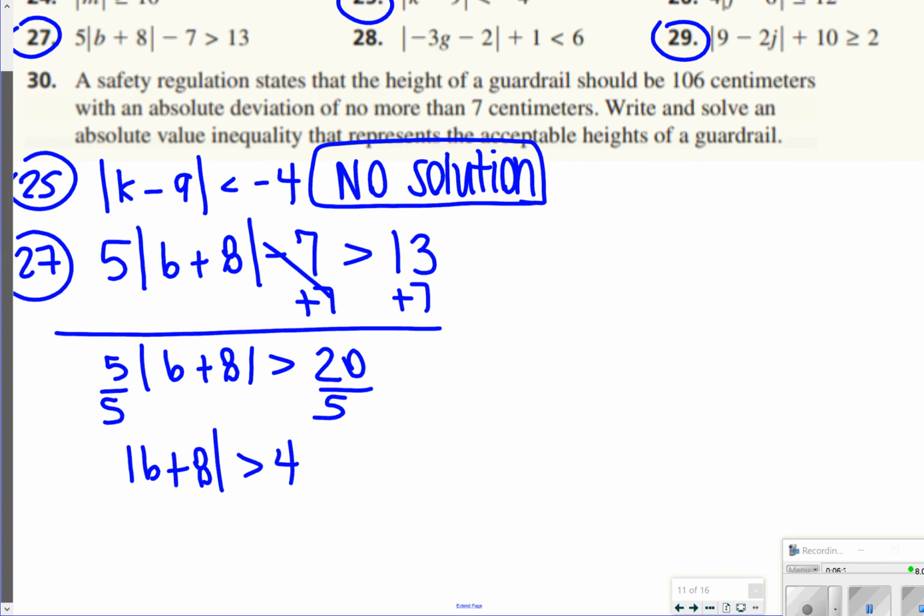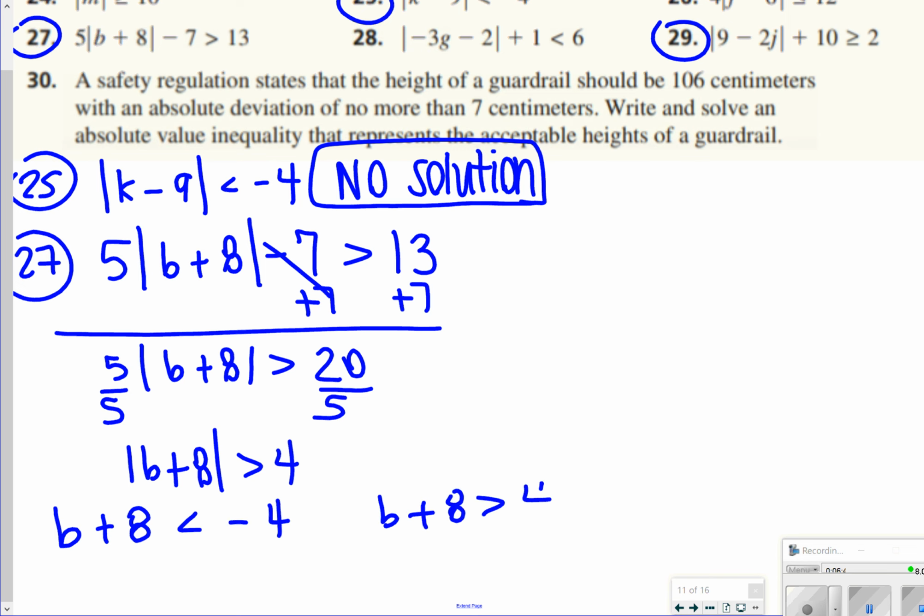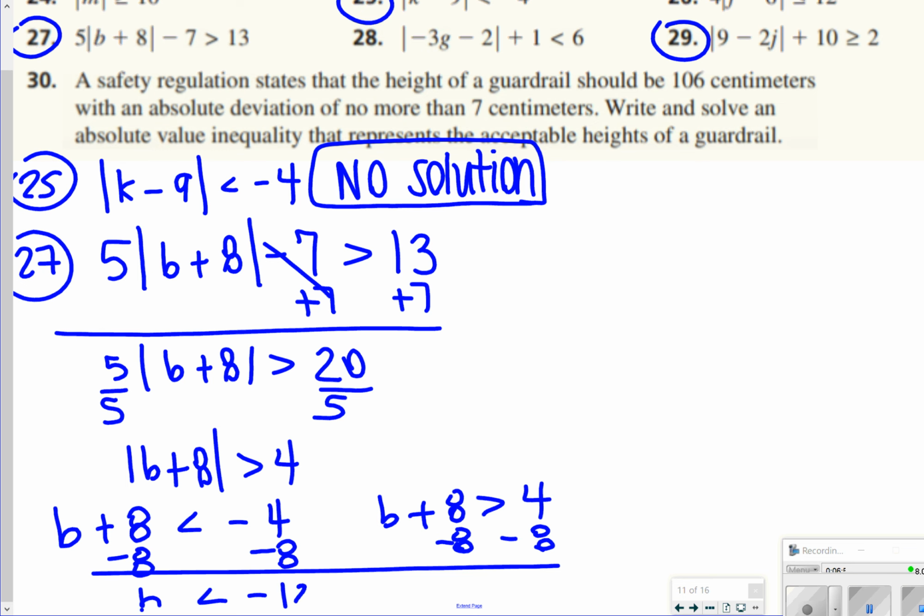And then it would be helpful to write two different inequalities here: b plus 8 is less than negative 4, and b plus 8 is greater than 4. When I solve, I'm going to get b is less than negative 12, and b is greater than negative 4. Those are not going to overlap, so they become ors.